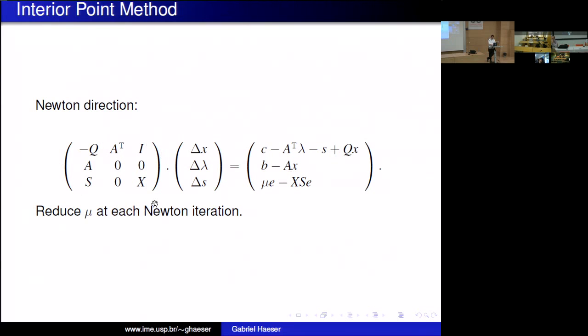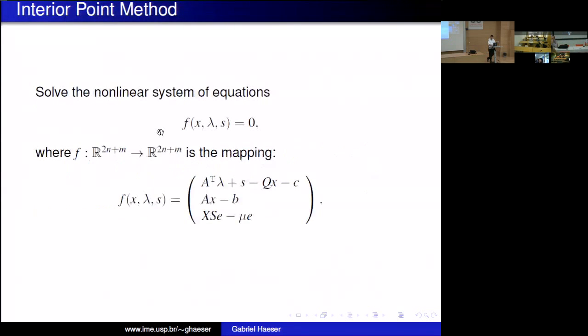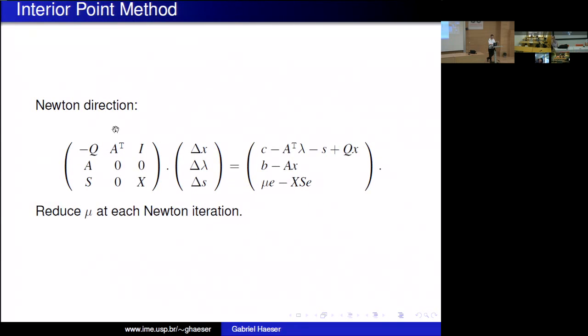And for the interior penalty method for this function, you can easily compute its derivatives. It's this matrix, and you can solve this equation, and this will give you one Newton iteration for a fixed mu. So if you want to solve this with the Newton method, you fix one mu, you perform a lot of Newton iterations, and you find the solution.